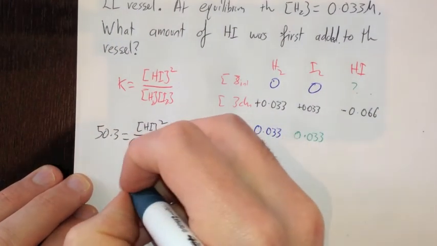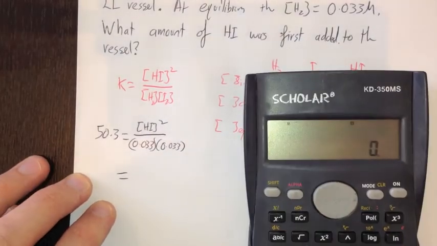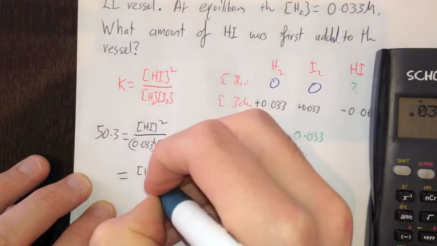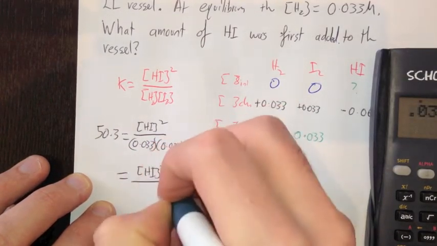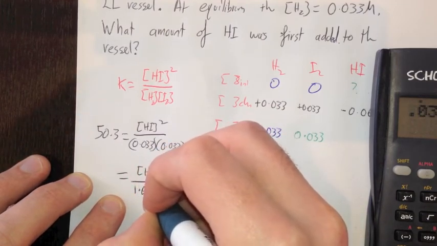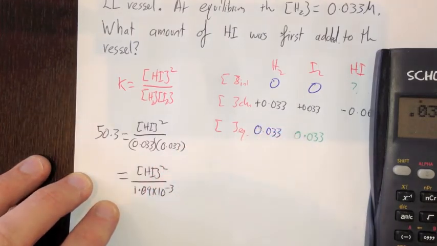If I get my trusty calculator, 0.033 squared is 1.09 times 10 to the negative 3.